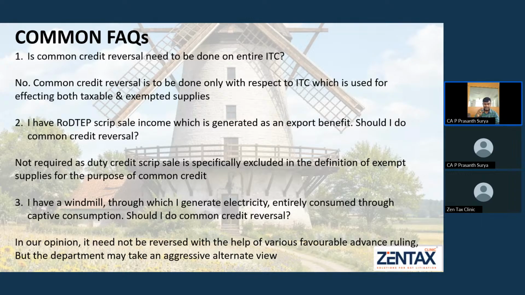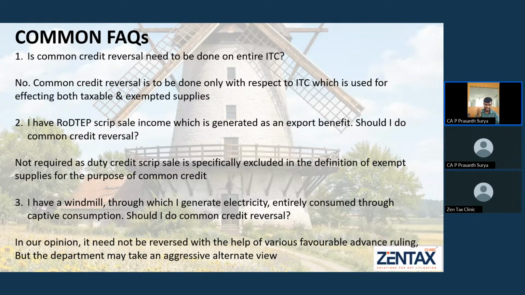But the department may take an aggressive view, because we have come across this question with many spinning mills where the officers are of the view that once an income is reported, that is exempt income, for that you are not paying GST. So whatever expenses you have claimed, you should do an ITC reversal and also a common credit reversal. That is the argument of the officers.